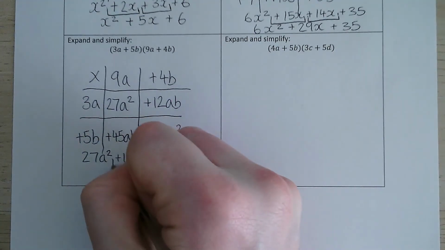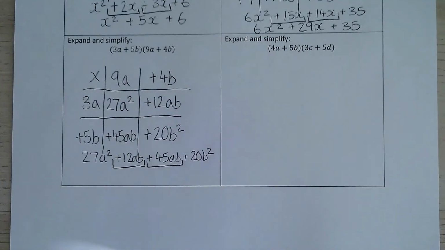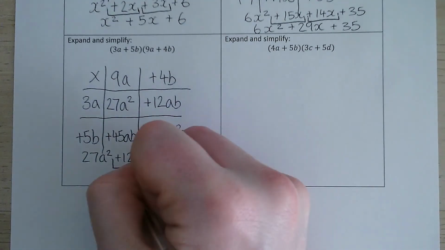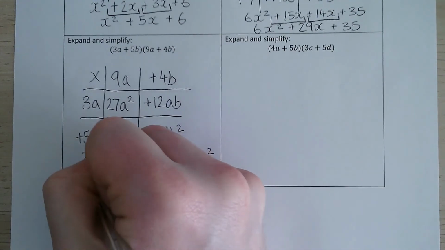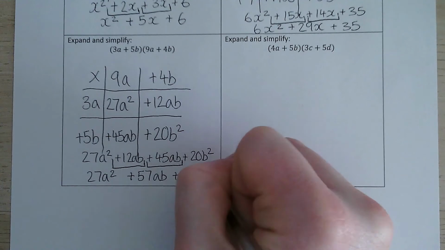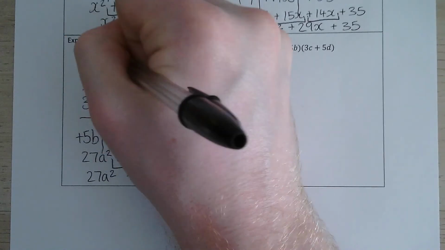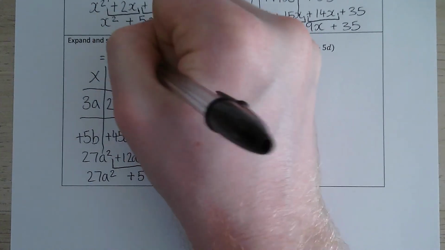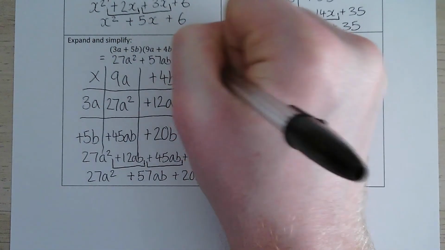But again, plus 12ab and plus 45ab can be collected, so we can simplify those to get plus 57ab. The other two terms drop down. And so the final answer is 27a squared plus 57ab plus 20b squared.